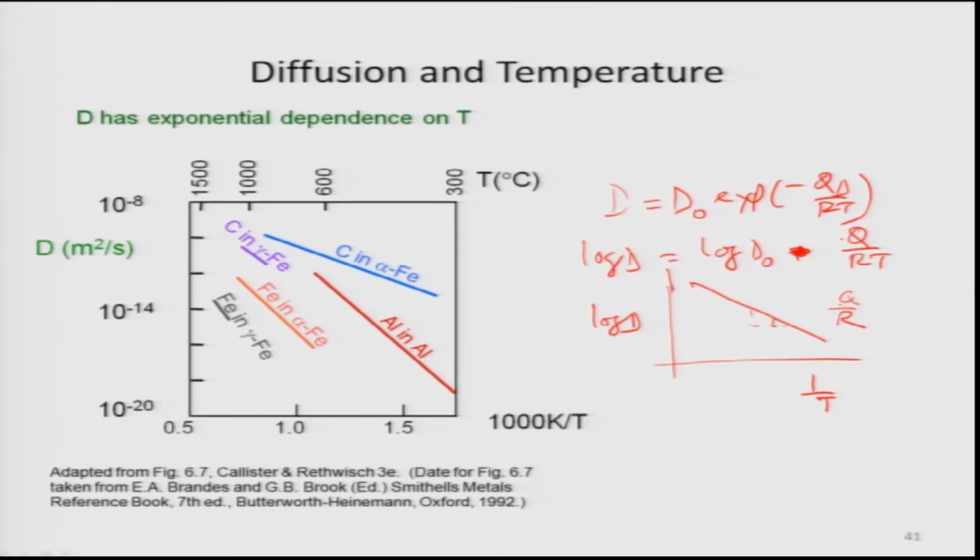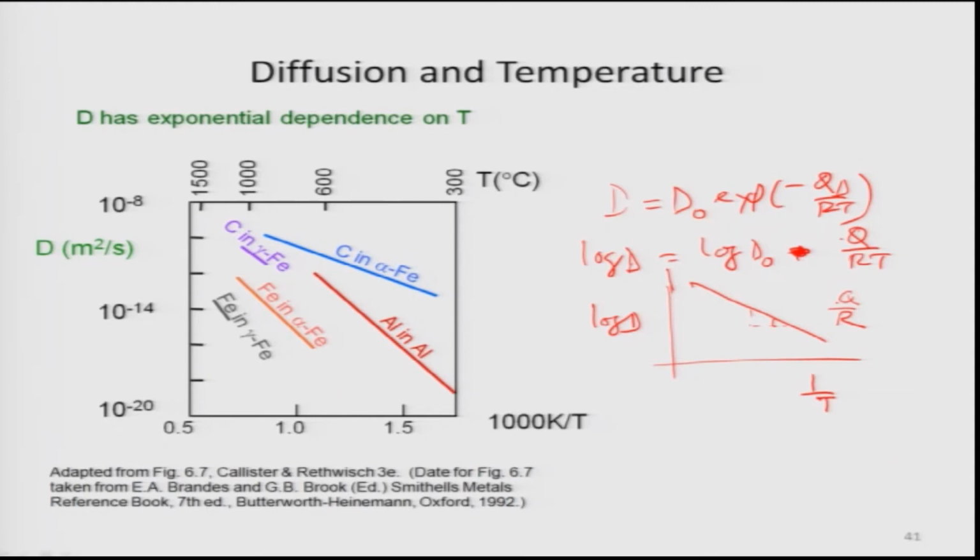So if I measure D at different temperatures and plot log of D as a function of 1 by T, I should be able to measure Q, and this Q is very important. It tells you what kind of diffusion mechanism is prevalent in a particular material, and that is why Q needs to be measured always.